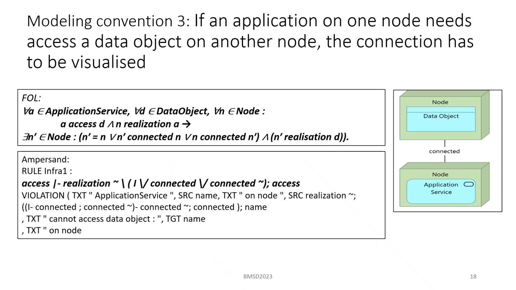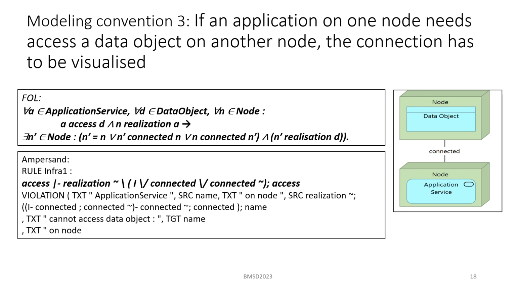Modeling convention 3 is about data access. If an application on one node needs to access a data object on another node, the connection has to be visualized. Some application services access only data on their own node, while other services access data on a different node.